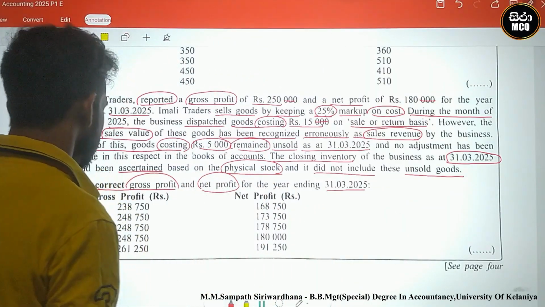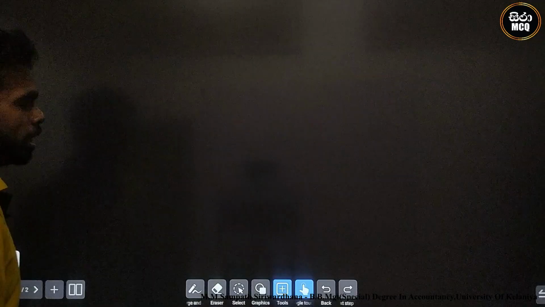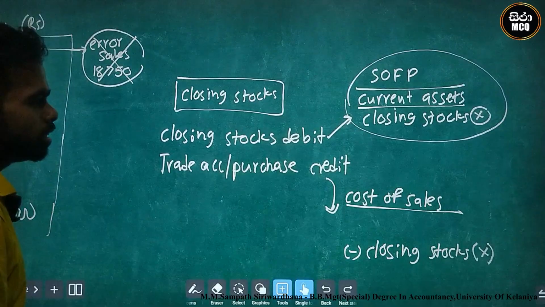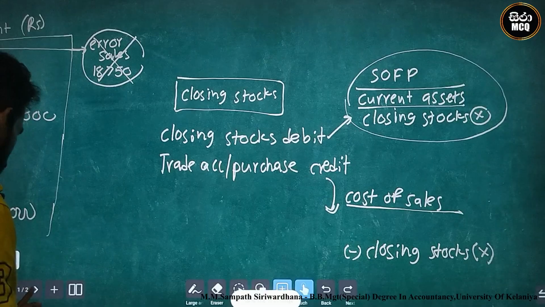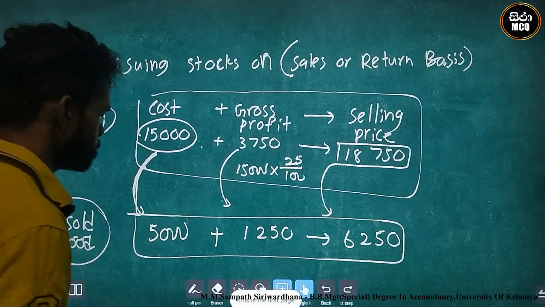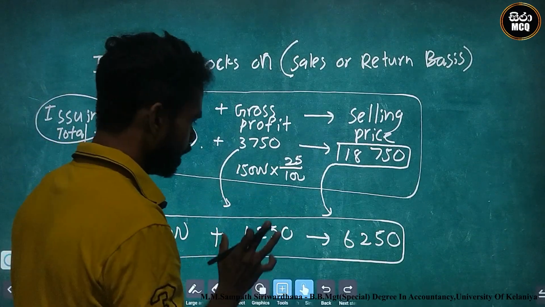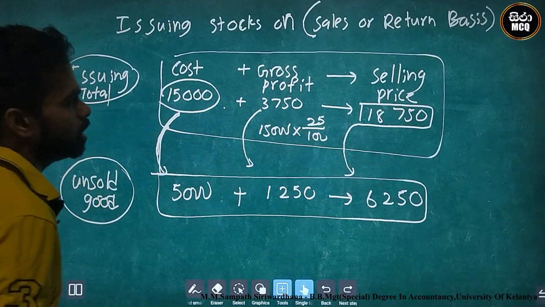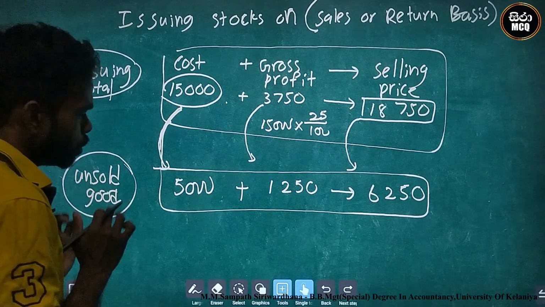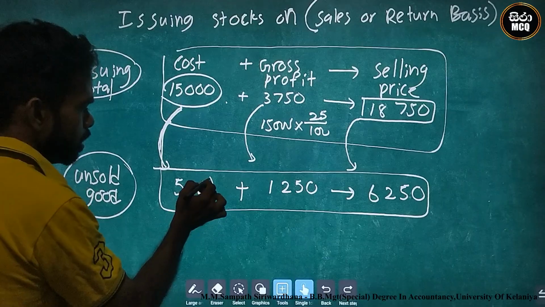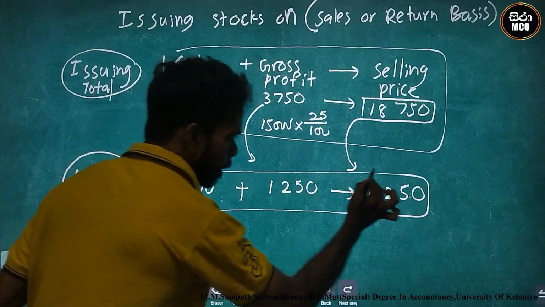You know, there are unsold goods there. There is a two-fold impact of this.